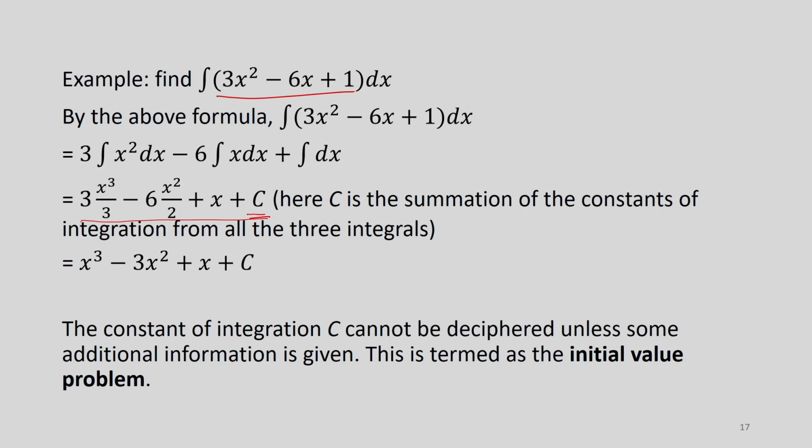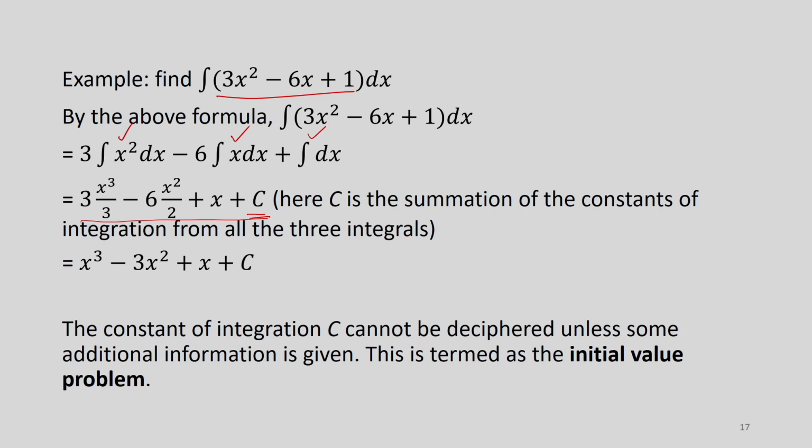Now, at this stage you might be wondering that since you have 3 integrals, there will be 3 constants, right. From each of these integrals you will get one constant. There are 3 operations of integration, so 3 constants. So, how come there is just a single constant?